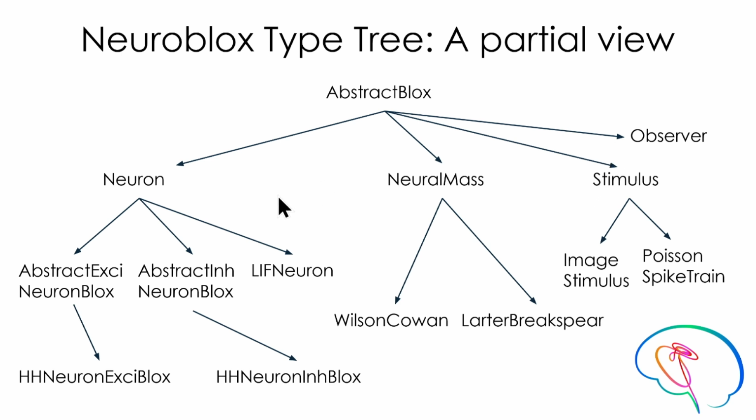Then if we follow the tree down towards the leaves, neuron can be split into, and again, this is only a partial view, for instance, abstract excitatory (EXC) neuron blocks, where we put all of our blocks that are explicitly excitatory in their dynamics. And likewise, abstract inhibitory (INH) neuron blocks for inhibitory neuron types.